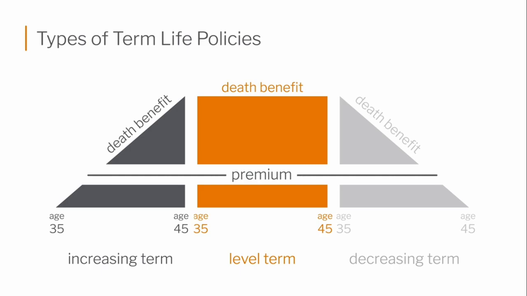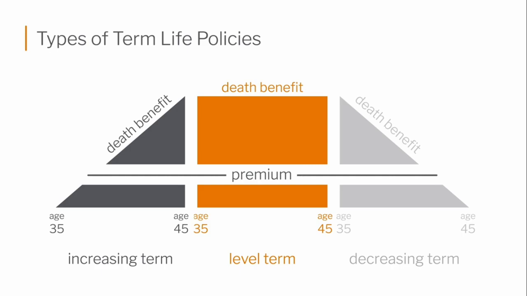Outstanding means you still owe it to someone, and you pass away and you had this decreasing term policy in place, the death benefit would be paid to the entity that had loaned you that money, and it would pay off that debt so the loved ones you leave behind would not have to worry about it. So it's a very specific use for the term insurance.